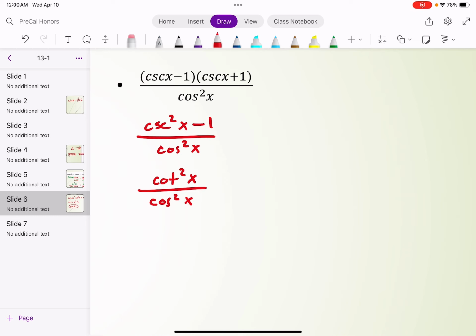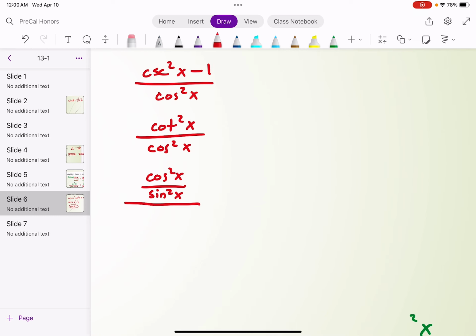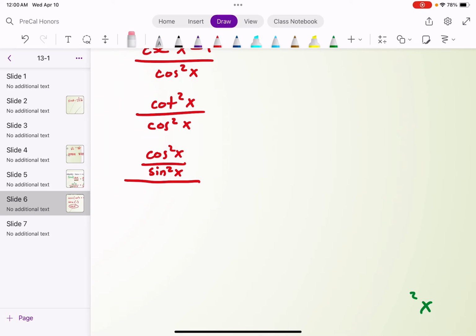In this case, we are going to rewrite our cotangent squared x as cosine squared over sine squared. Keep in mind, we have not changed the problem underneath our cotangent squared x, so it would remain as cosine squared over 1.